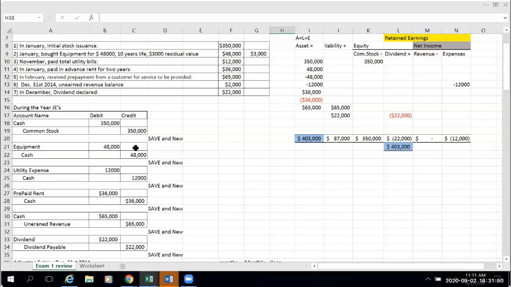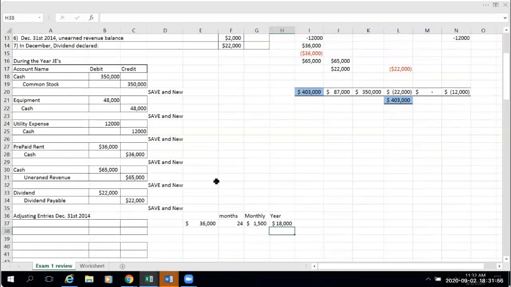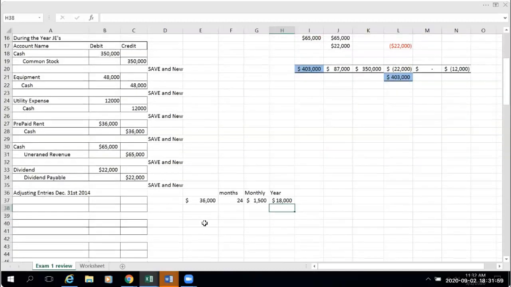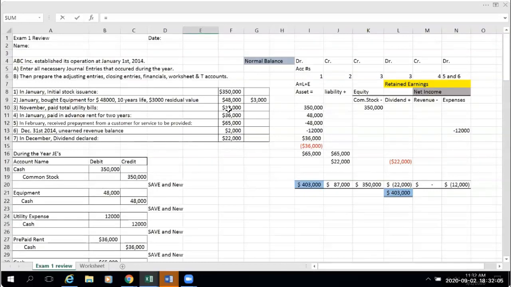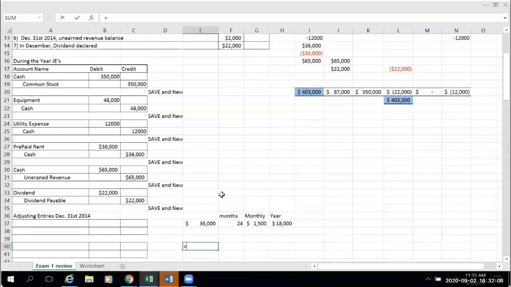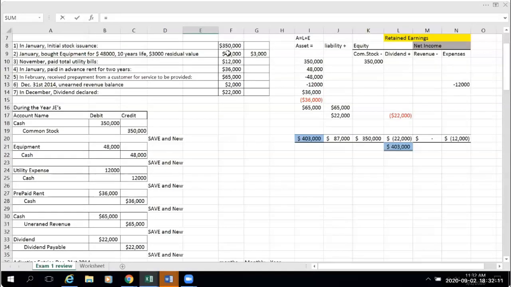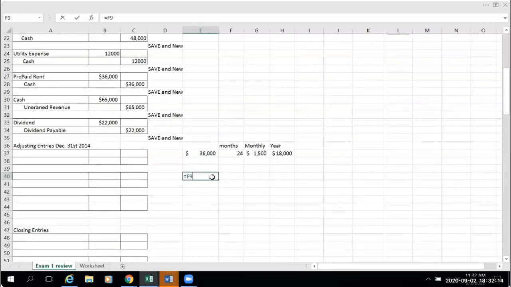So we bought this in January, so we used it for the whole 12 months. So it's not going to be that hard to calculate. So here we go. We got, let's say, $48,000. Yes, let's use that. So it equals to $48,000. And useful life is 10 years, it says, right? So that's 10 years, right?